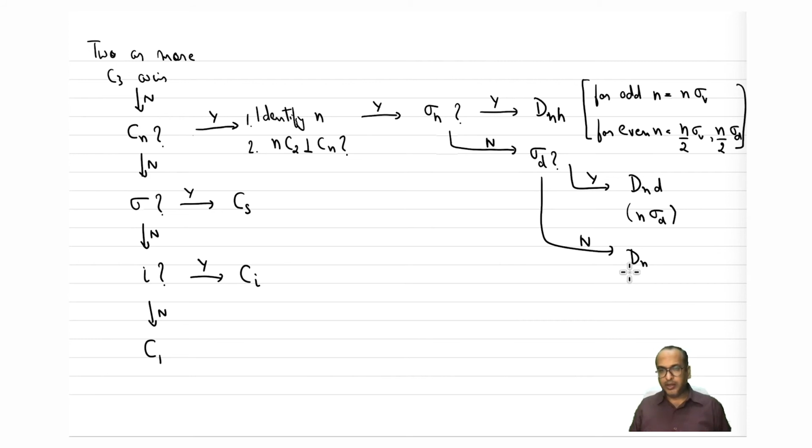Okay. Also, there is one important point for Dnh. If n is equal to 2, that means there is a C2 axis and there are two C2 axes perpendicular to the original C2 axis. So that means there are three C2 axes which are perpendicular to each other.